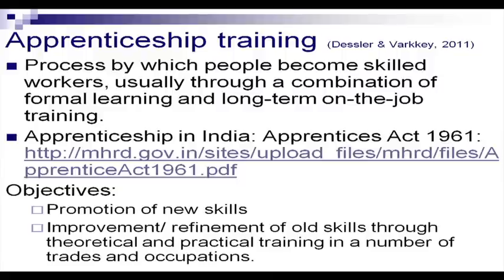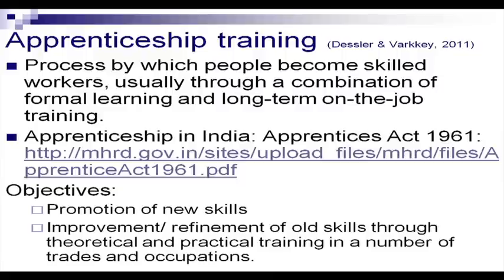The objectives of apprenticeship are: first is promotion of new skills. So, the person who is learning a new skill needs to know how to use this new skill in the actual work environment, and this opportunity gives the person a chance to try the new skill in a monitored, supervised environment.